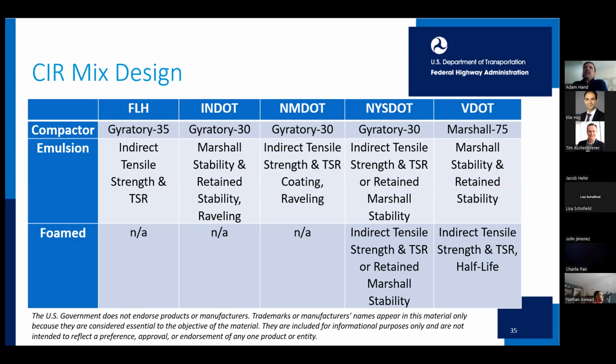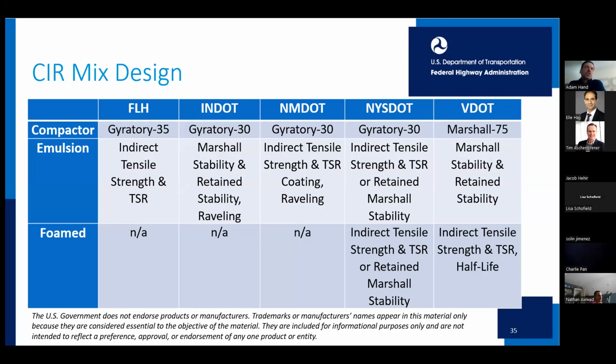INDOT and New Mexico added the raveling test. I should back up for a minute. There are AASHTO provisional standards for CIR and CCPR, and these agencies were using many of the things that are in those AASHTO provisional standards, and raveling is one of the items that's in there.